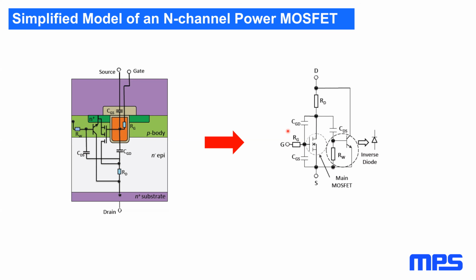Okay. Next up, why is the Miller clamp important, and is CRSS capacitance important for gate driving? So the Miller clamp is important to avoid this false turn on.